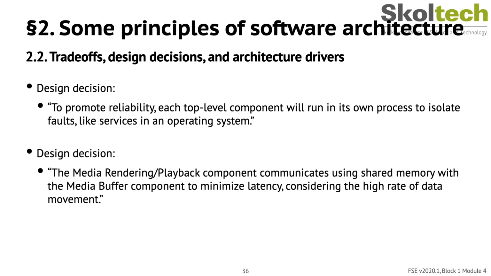Or the media rendering/playback component communicates using shared memory with the media buffer to minimize latency, considering the high rate of data movement. Since commonly you as a team would spend considerable time discussing the alternatives to these design solutions, and also those are hard to infer from reading the source code, you might want to include these statements in the descriptions for the new developers.